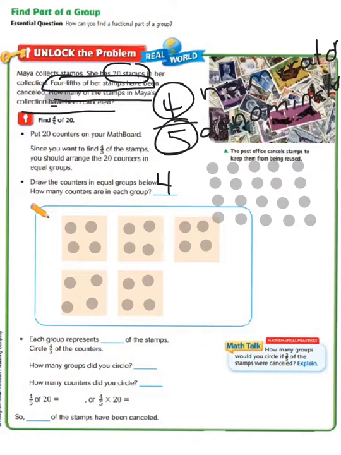Now let's look below. Each group represents 1/5 of the stamps. So we would circle 4/5 of the counters.